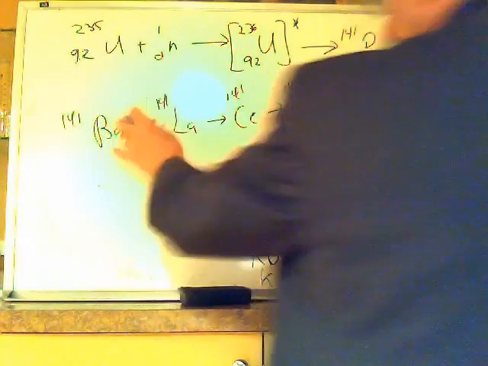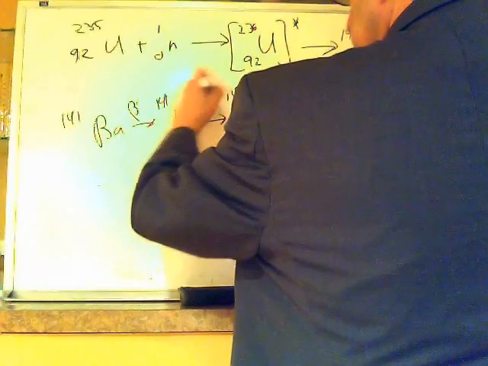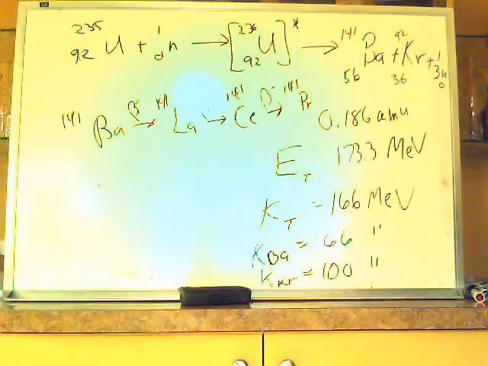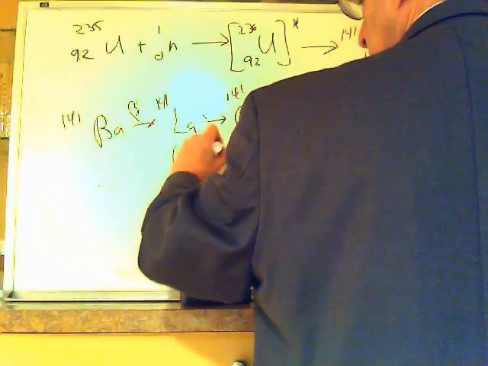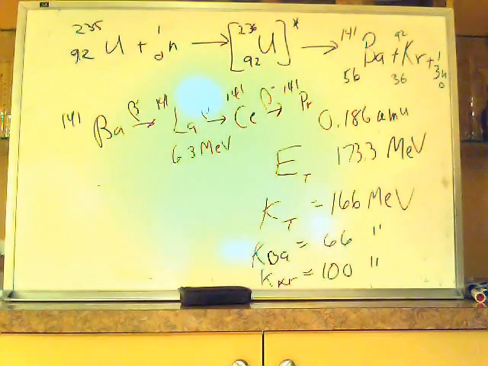You've got an energy associated with each one of these beta emissions that occurs. These are all added up, and for that particular chain we find that it's equal to 6.3 MeV. Then we can do the same thing for krypton. Krypton actually undergoes 1, 2, 3, 4, not 3, but 4 decays.